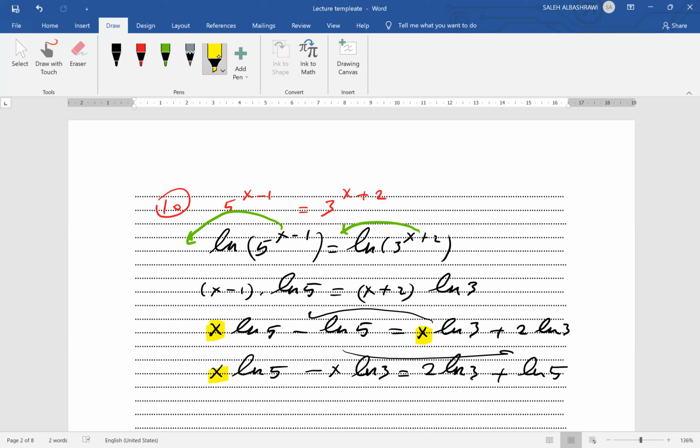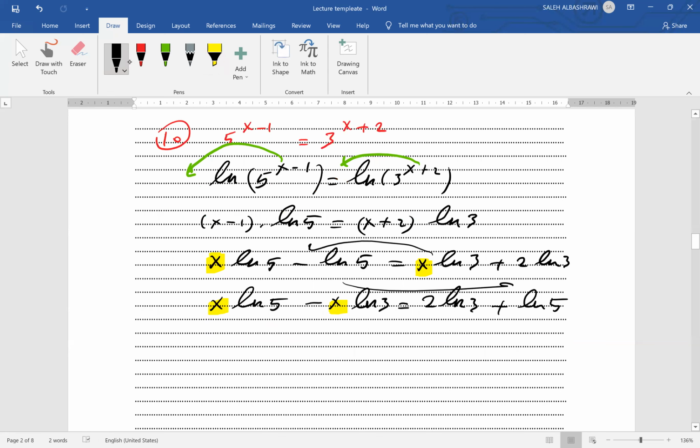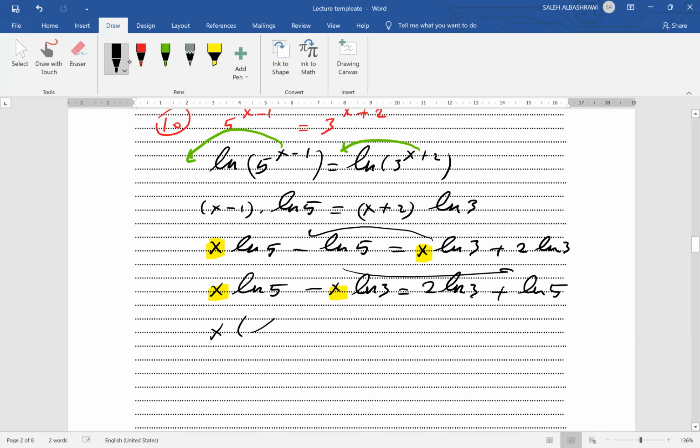Now I have x and x, I will take it as a common factor. Then I will have x, open bracket, ln of 5 minus ln 3 equal to 2 ln 3 plus ln 5. Divide by ln 5 minus ln 3.